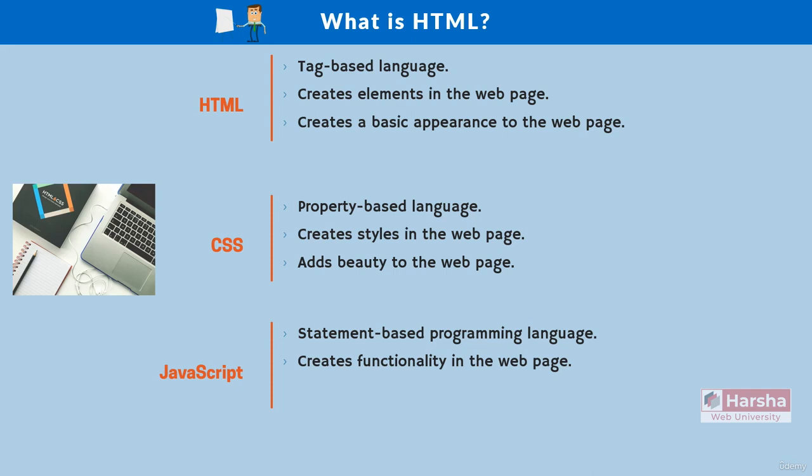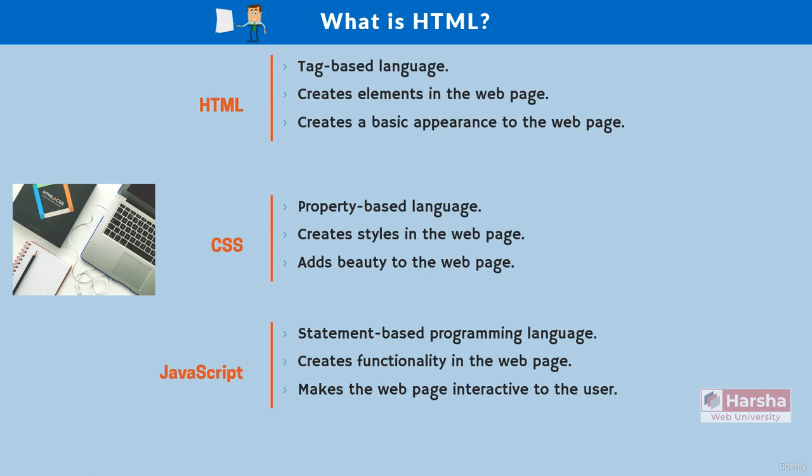That means the web page will be interactive to the user. So depending on the actions made by the user, the web page will be responsive and interactive with the user. So to make a meaningful application, you require the combination of HTML, CSS and JavaScript.